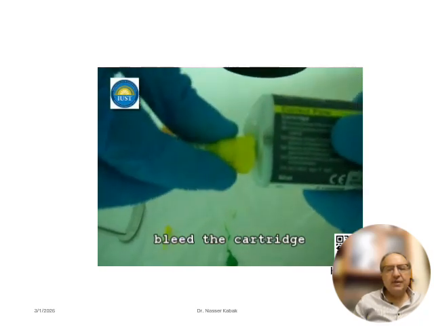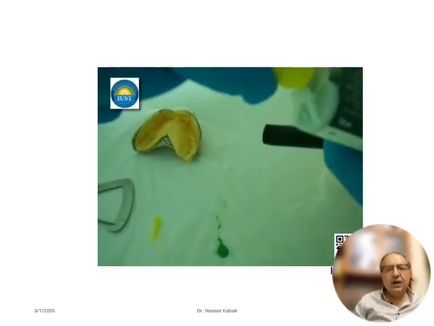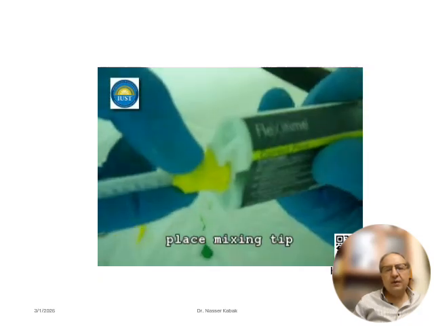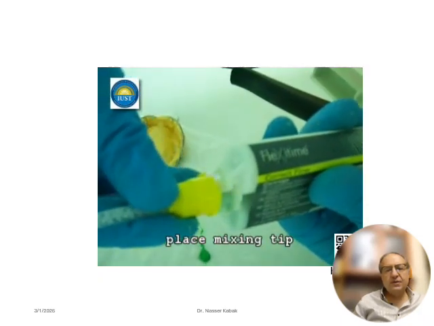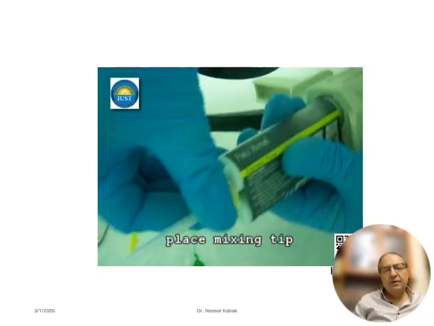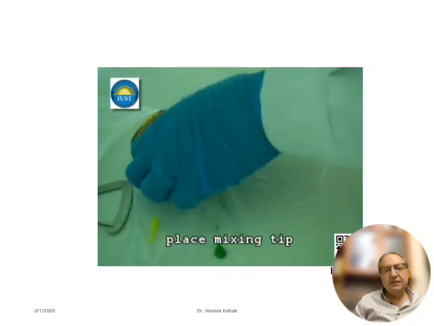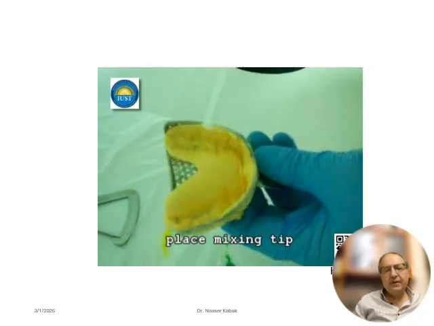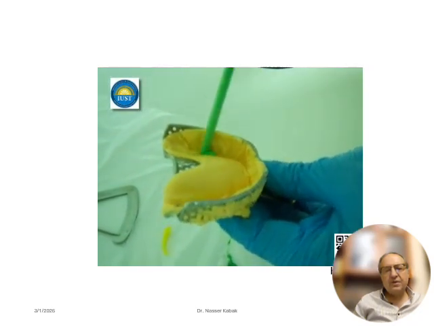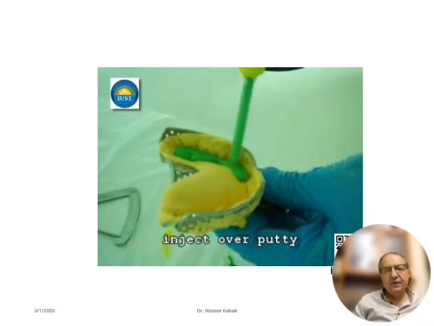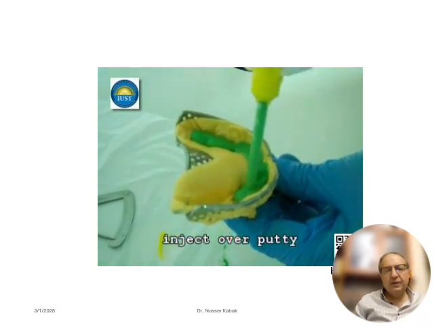Then we should place the mixing tip. It should be yellow because the consistency or the viscosity of the cartridge is light body. If it's medium viscosity or monophase, the nozzle will be green.